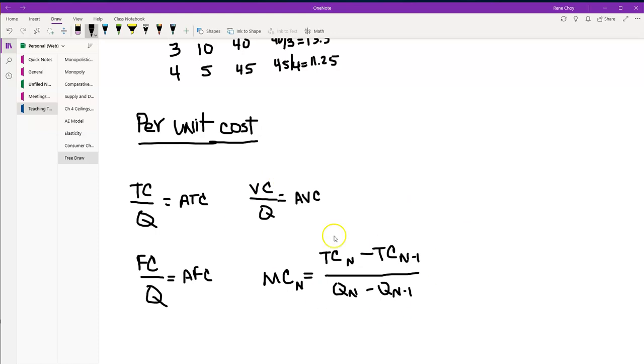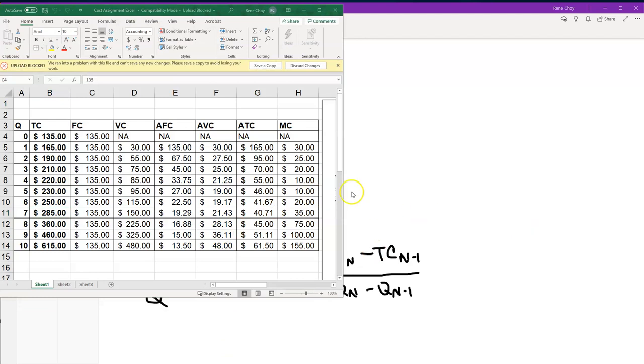Alright, now to visualize per unit cost of production, I have this Excel sheet here. This Excel sheet is from a fictitious company. Now this fictitious company has a fixed cost of production of 135. So if you were to produce nothing at Q0, your total cost would be 135. All right. Now, after the first unit of production, after you hire the first worker, in order to produce the first unit of production, we need to pay our fixed cost, but we now have to pay our variable cost.